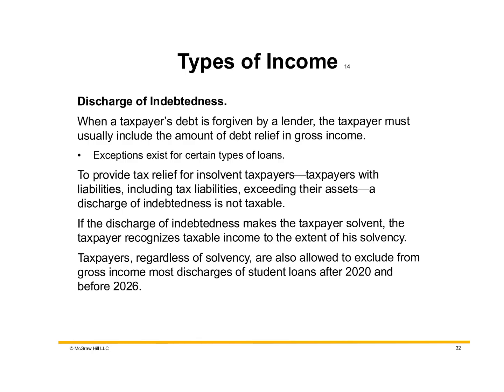All right, the last type of income, I appreciate you guys sticking with me. I know there were a lot of income types we talked about. The last income type is discharge of indebtedness. What that means in plain English is a taxpayer's debt is forgiven by a lender.